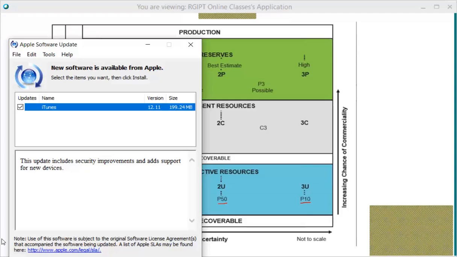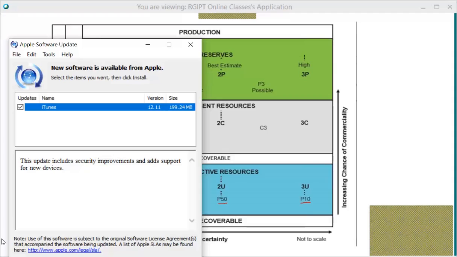Or if technology becomes cheap, that becomes commercial. So that is your contingent resource. And then for undiscovered, you have 1U, 2U, and 3U, or P90, P50, and P10 case, wherever applicable.